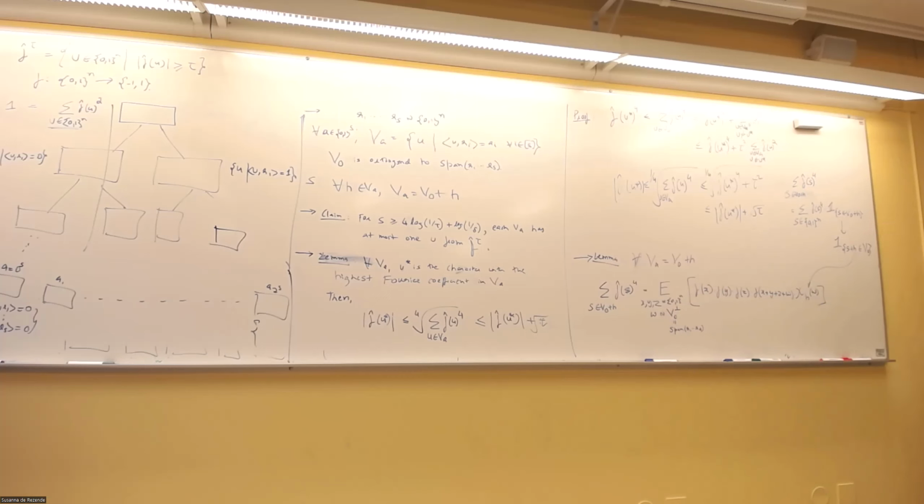Does that make sense at all? So how do I check that S plus H belongs to V naught? I'll check it by computing the dot product of S plus H with every vector that forms the basis of the V naught orthogonal complement.